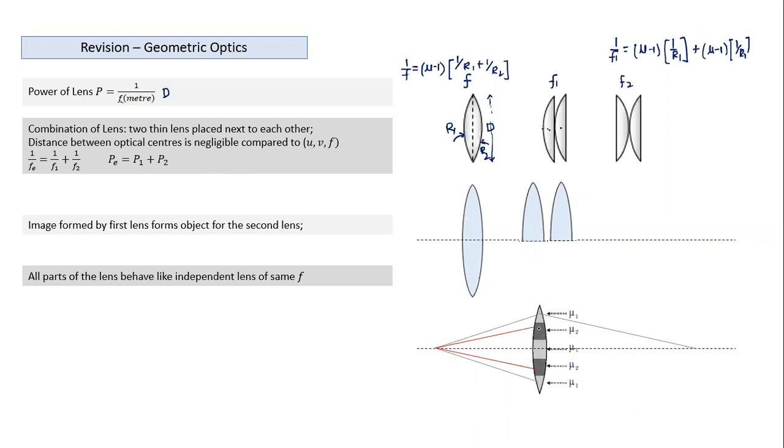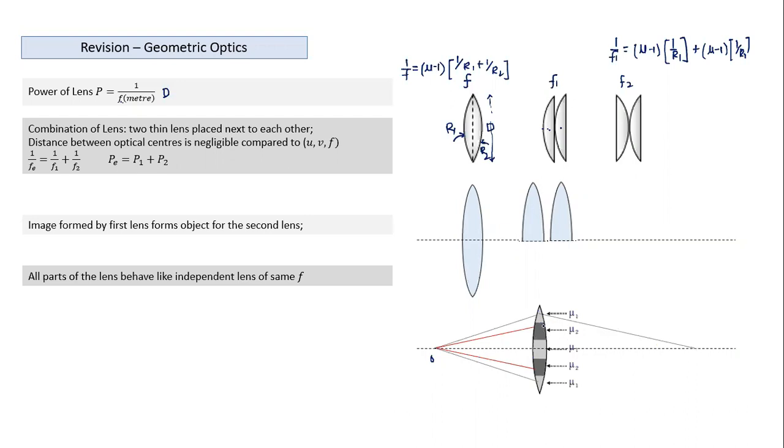If all parts were made of one material, what happens when we place an object? For a given object distance, each part of the lens forms the image at the same point.